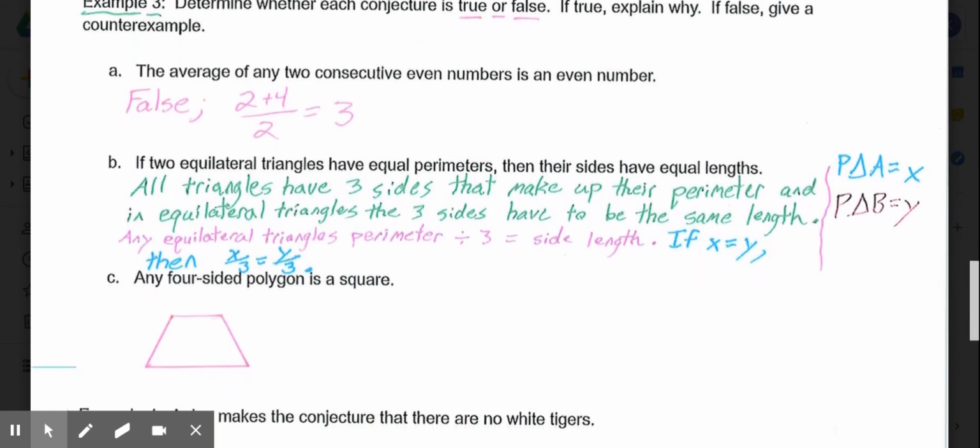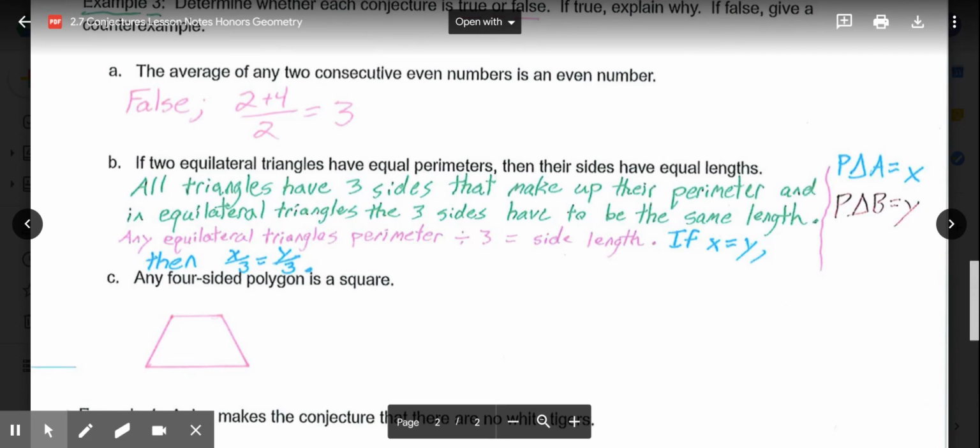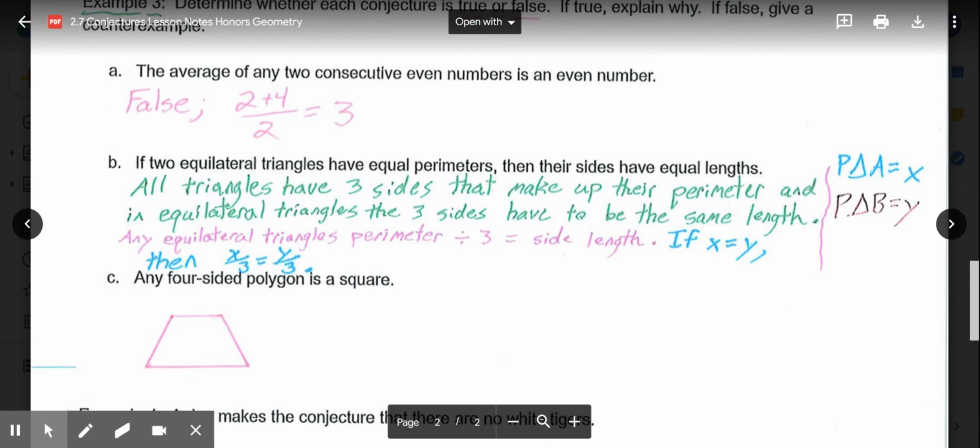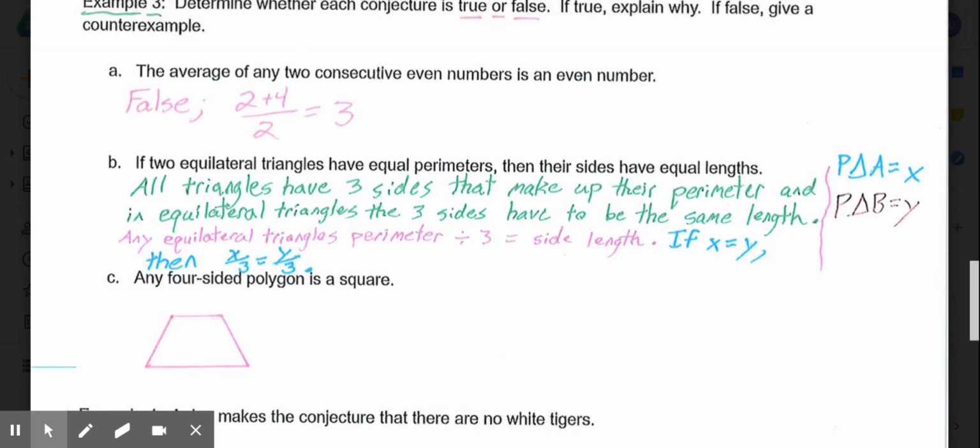In B, if two equilateral triangles have equal perimeters, then their sides have equal lengths. What I start to think about is that all triangles have three sides that make up their perimeter. In equilateral triangles, those three sides all have to be the same length. That's from the definition of equilateral. So any equilateral triangle's perimeter divided by 3 gives the side length.